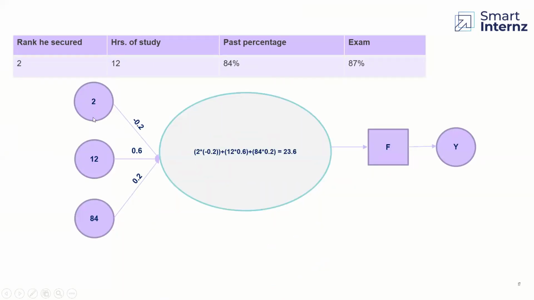It multiplies 2 with 0.2, 12 with 0.6, 84 with 0.2, and we get the summation of these. These are just random weights assigned in this case, and we are getting an outcome of 23.6. So this is the summation function.